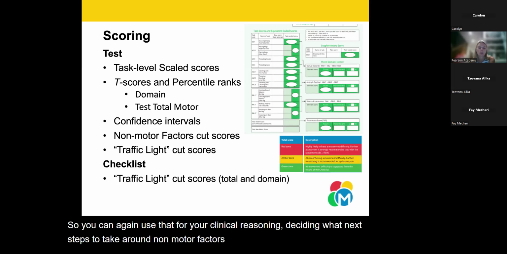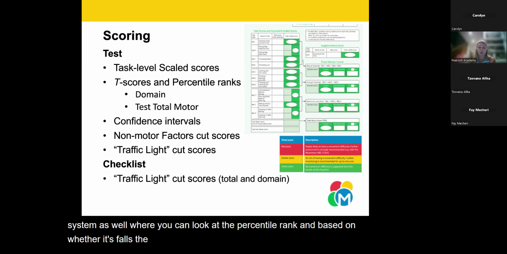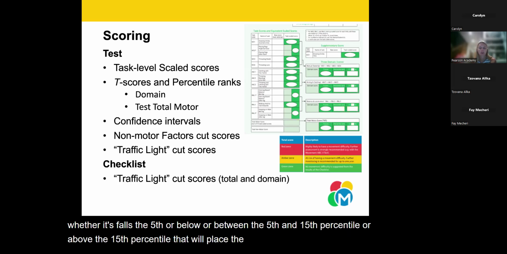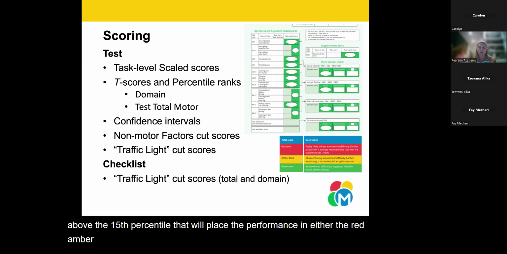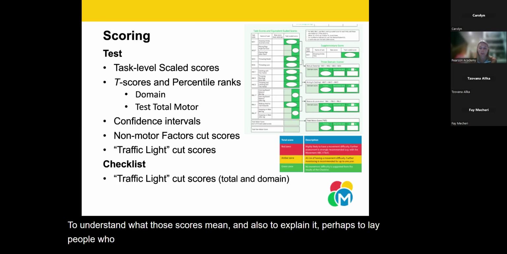And then we have our traffic lights system as well, where you can look at the percentile rank and, based on whether it falls at the 5th or below, between the 5th and the 15th percentile, or above the 15th percentile, that will place the performance in either the red, amber or green zones. This is, I guess, an easier way to understand what those scores mean and also to explain it perhaps to lay people who don't know about statistics, and help them understand the significance of the results.